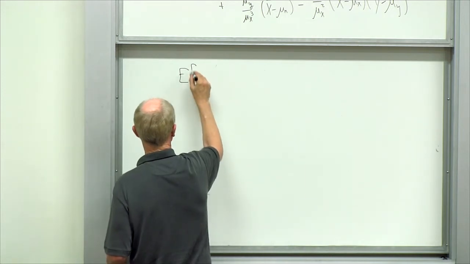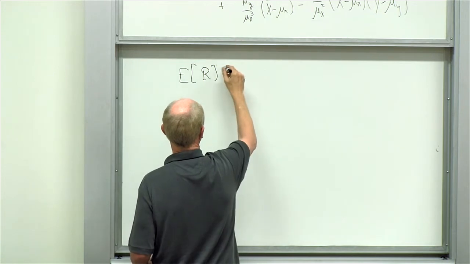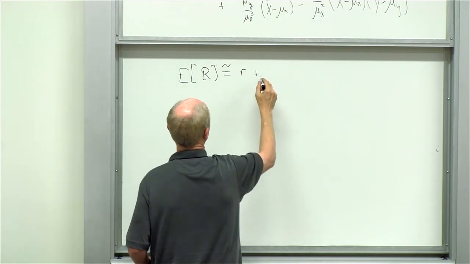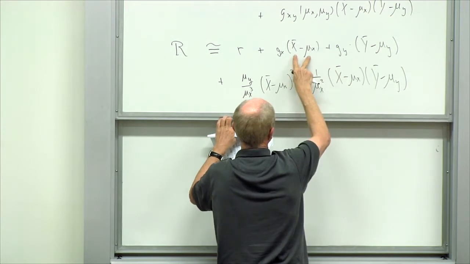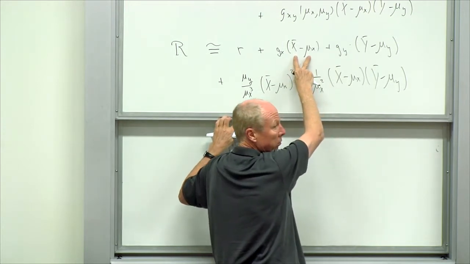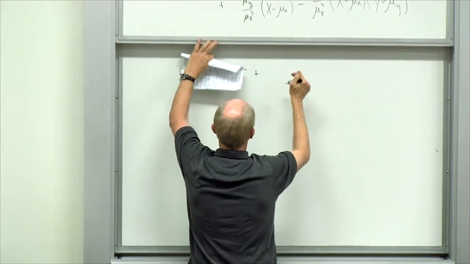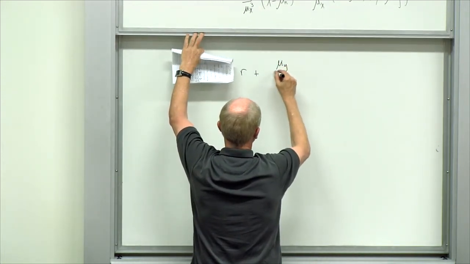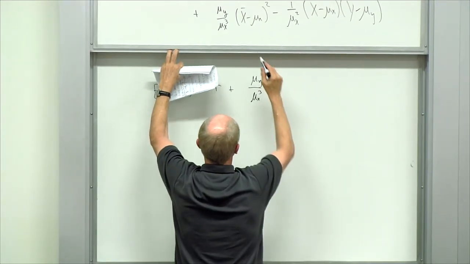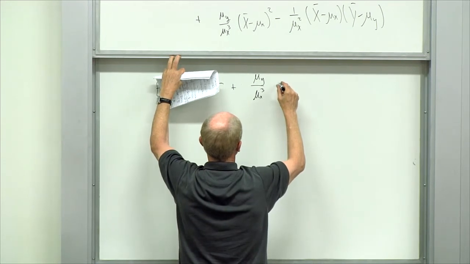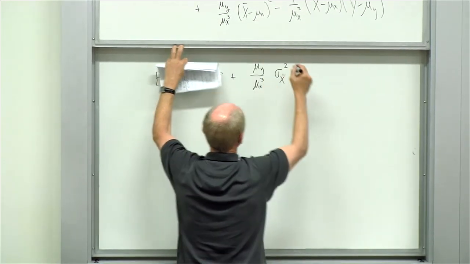Expected value of R is then approximately little r plus, now taking expected value here, we get 0 because the expected value of this is 0. Expected value of that is 0. Here we get mu sub y over mu x cubed times sigma x bar squared, that's the variance of x bar.